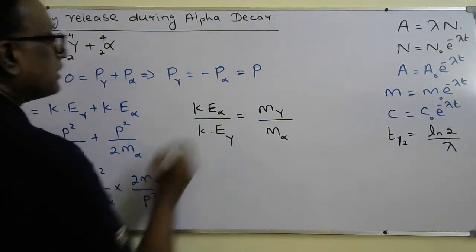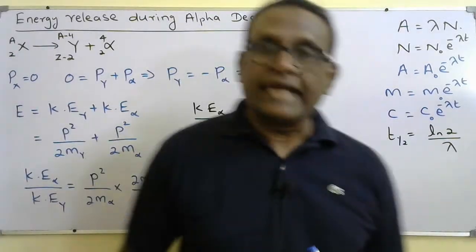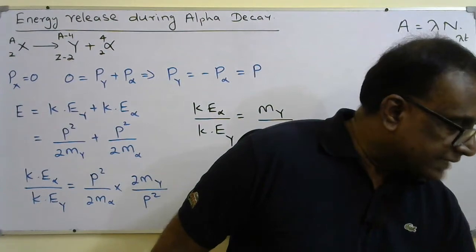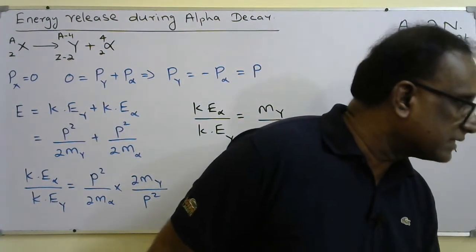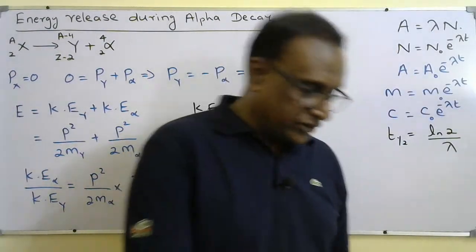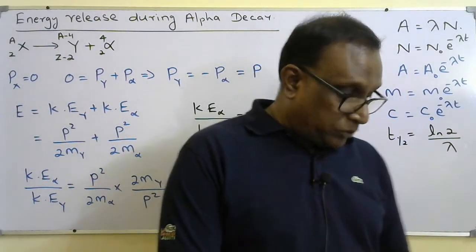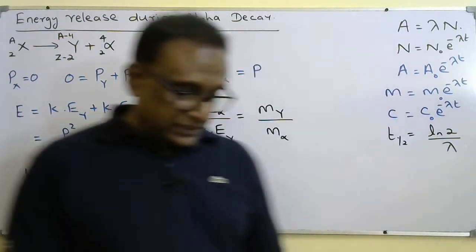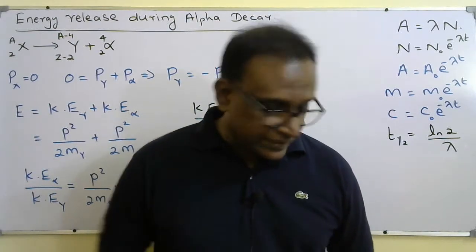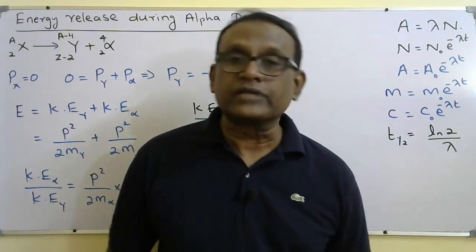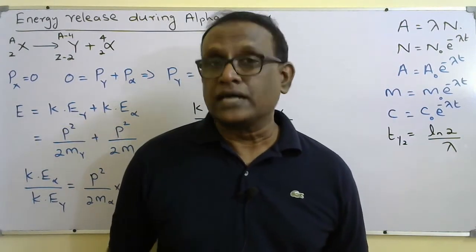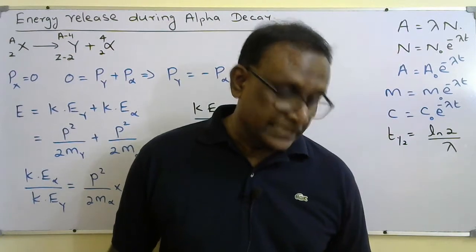Normally, alpha decay happens for massive nuclei, as in the examples I gave when I started this lesson. For example, polonium becomes lead, or thorium becomes radium with emission of alpha. So when thorium decays into radium and alpha, the mass number of thorium is 228, radium is 224, and alpha is 4.